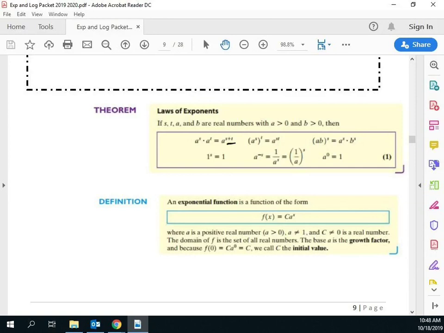And this is what we saw earlier. If you raise a power to a power, what are you doing to both of those exponents? You're multiplying them. A to the s raised to the t power ends up being s times t. Now, the next one you got to be careful with, okay? The ab to the s power is equal to a to the s times b to the s.